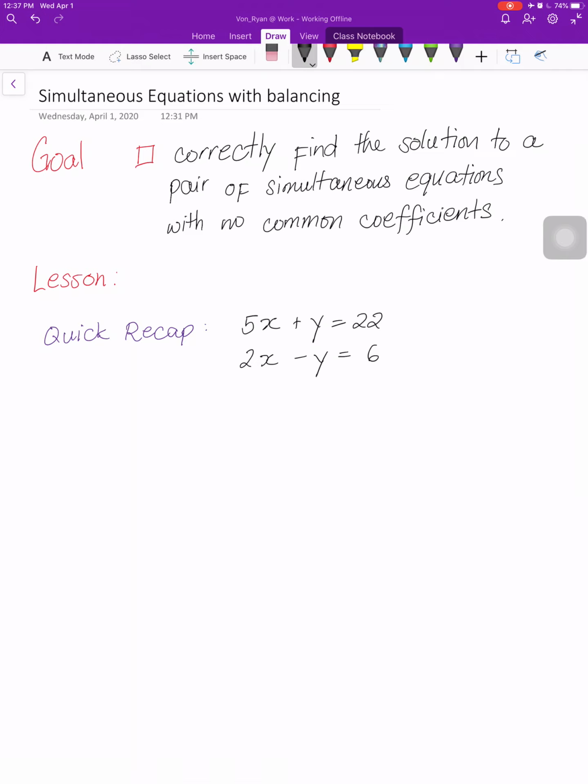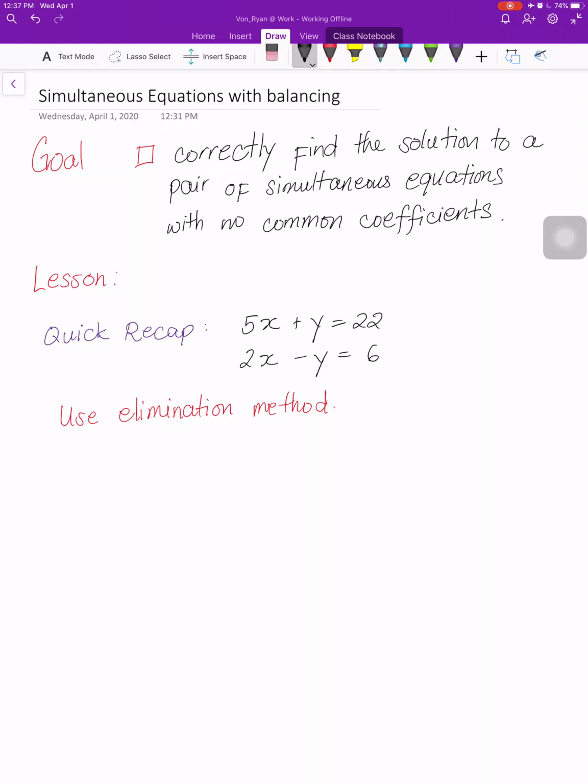Let's establish that we're going to use the elimination method. We chose it because it's easy for us, since we already have y with common coefficients.